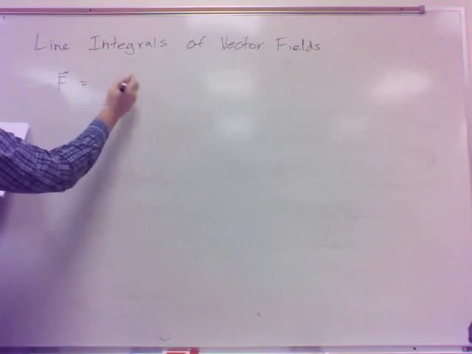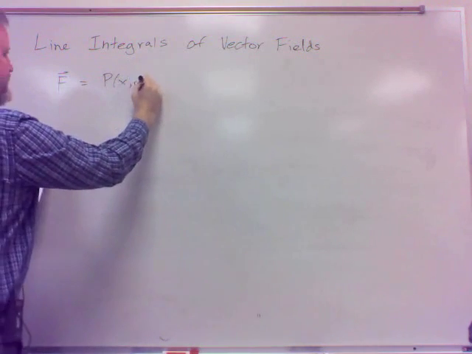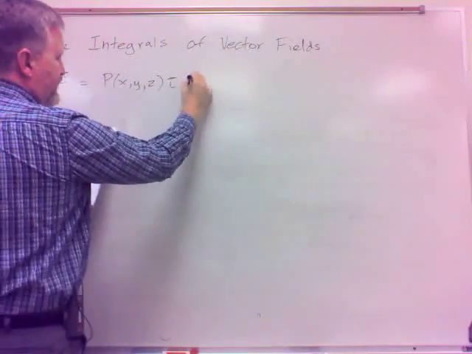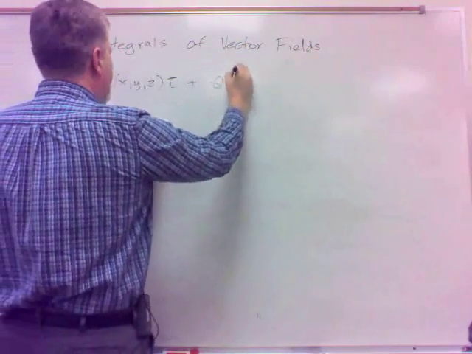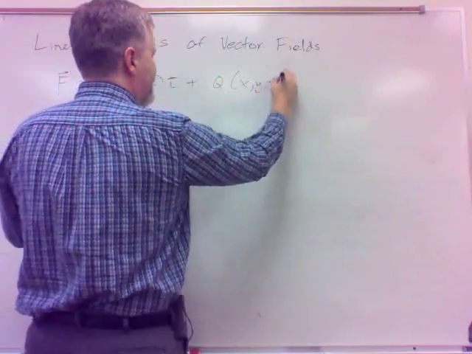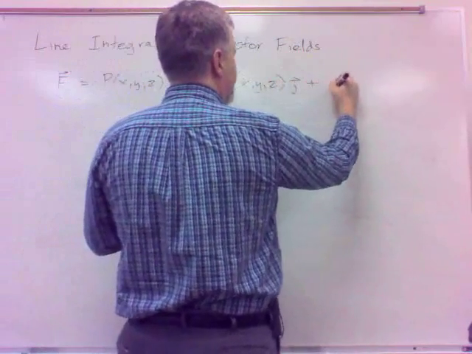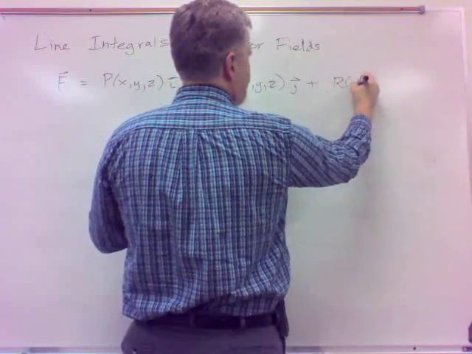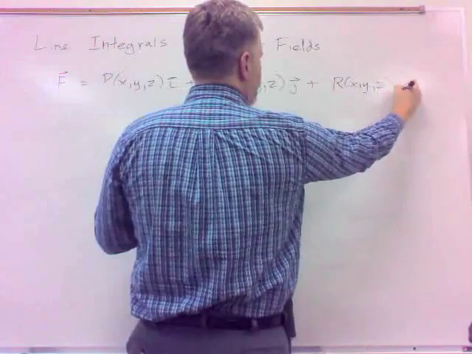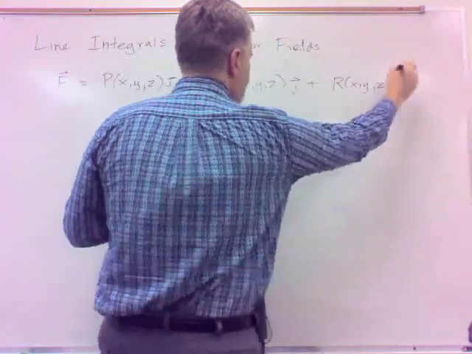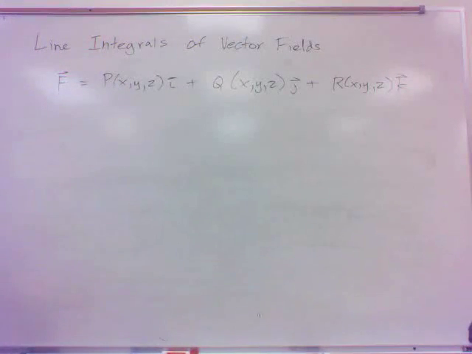F equals some function of x, y, z. Call it p. We'll do 3 dimensions. Works similarly in 2 dimensions, of course. All right, so we've got a vector field. This is how the vectors are running in this particular case.